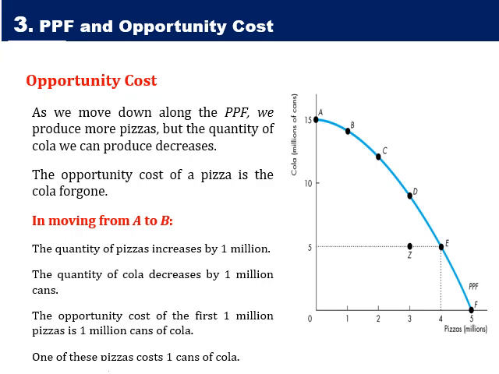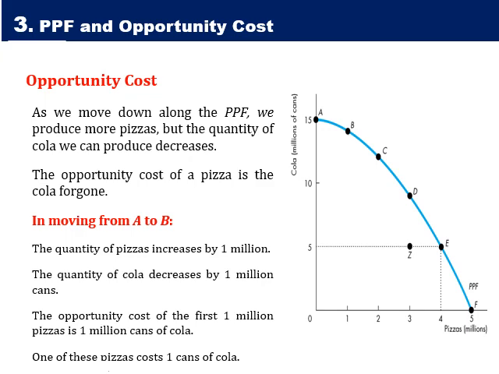Similarly, we can define or compute the opportunity cost of producing an additional can of cola as the quantity of pizza that we must sacrifice. So now let's look at this graph and compute the opportunity cost of pizza.